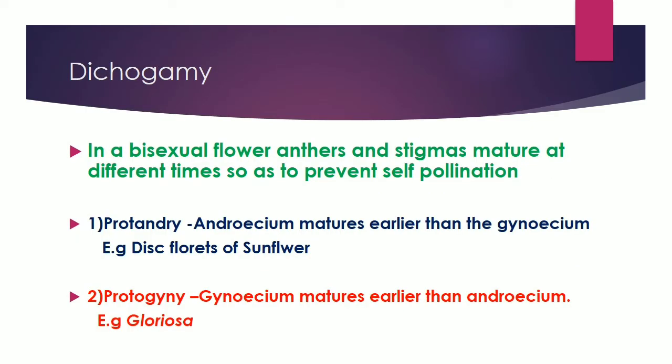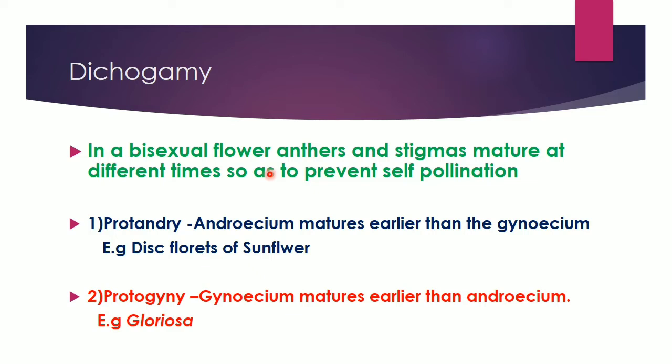The next term is dichogamy. Dichogamy means in a bisexual flower, anthers and stigmas mature at different times. Even though the flower is bisexual, having both androecium and gynoecium, the maturity time will be different. It prevents self-pollination.